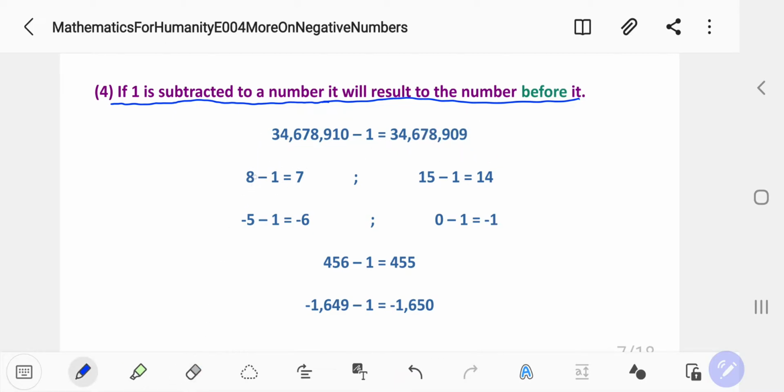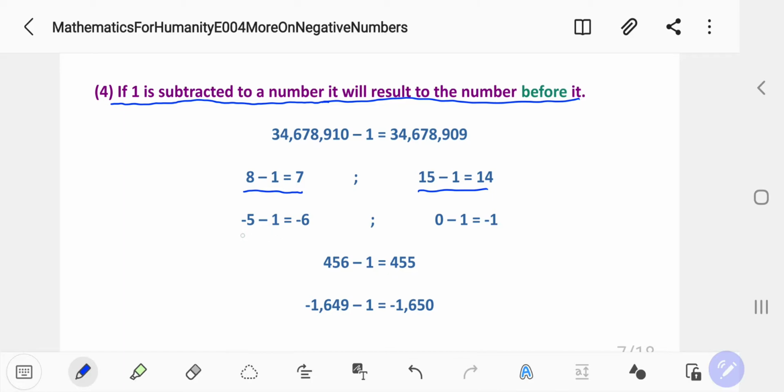So here you have 8 minus 1 is 7. So if you subtract 1 from 8, it gives the number before 8. 7 is before 8. Here you have negative 15 minus 1 is negative 16. Negative 16 is the number before negative 15.